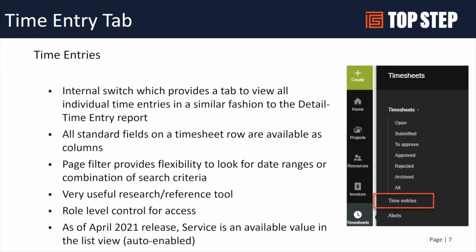So time entry tabs can be really, really powerful. I also use them for paying some subcontractors and marking those as paid, and tracking which time entries have been paid and which have not been paid. So it's another way to use time entries.